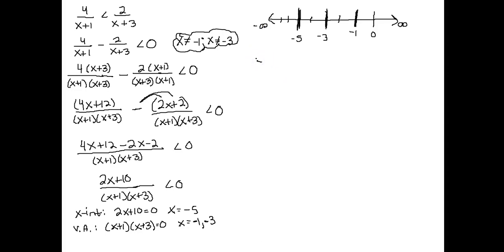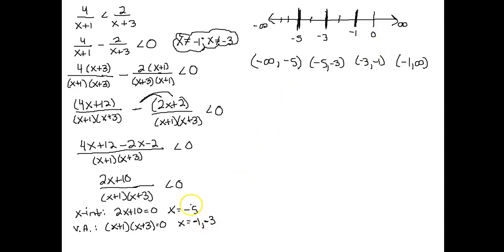Going this direction is negative infinity, going that direction is infinity. So we have an interval from negative infinity to negative 5. We're only doing less than, so we use parentheses. Also an interval from negative 5 to negative 3, an interval from negative 3 to negative 1, and an interval from negative 1 to infinity.